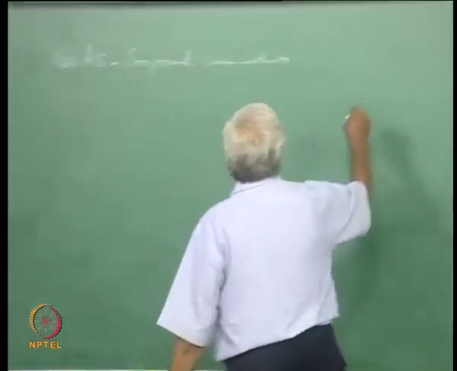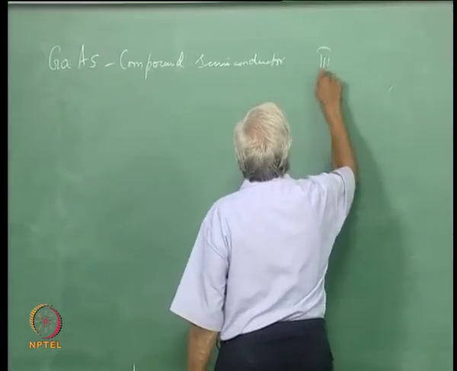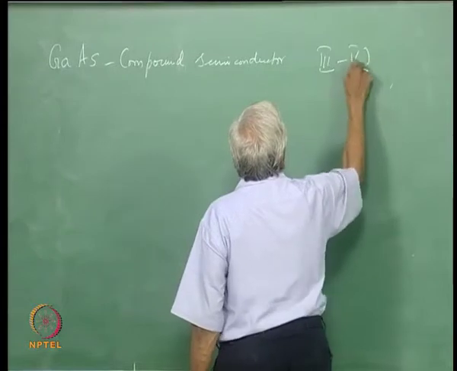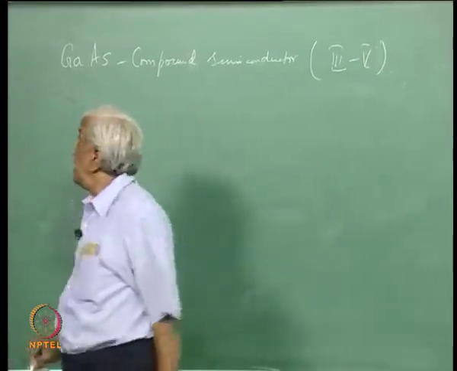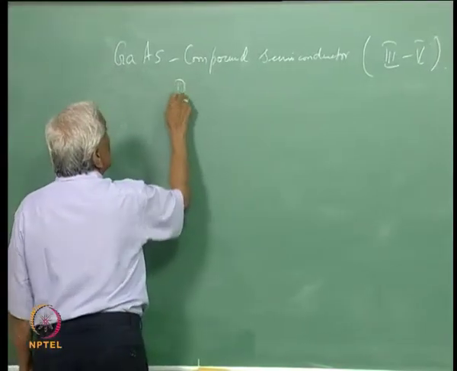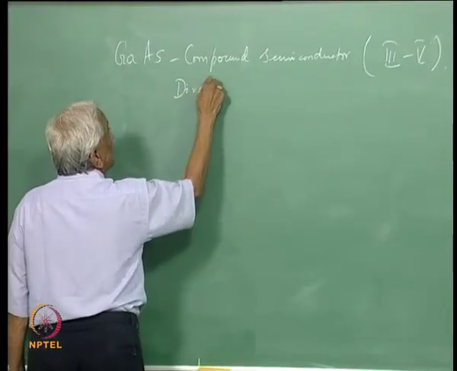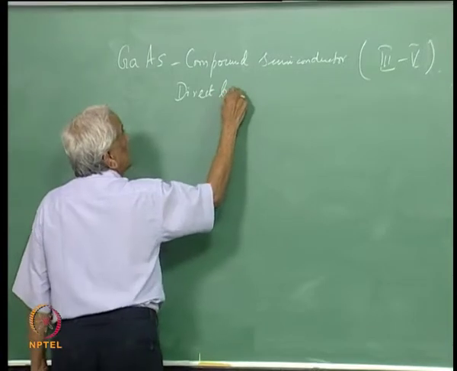So, it is a 3-5 compound, and we already saw in the lecture that it is a direct band gap semiconductor.